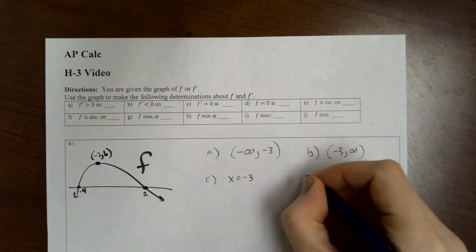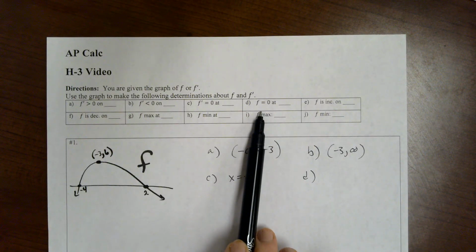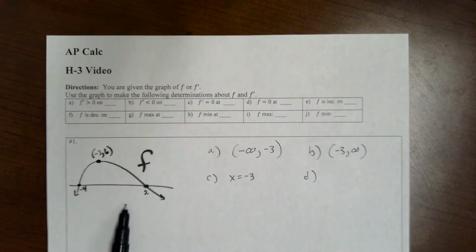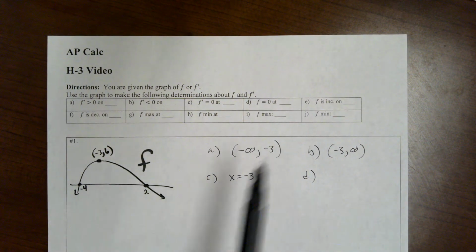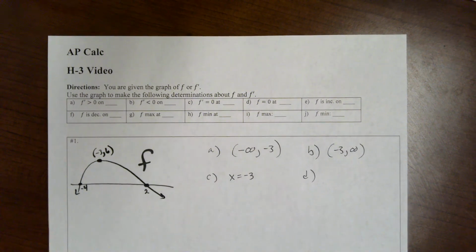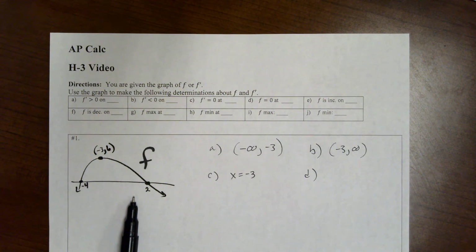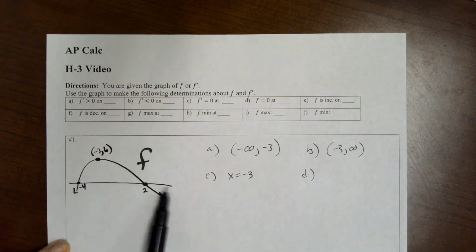All right, C. Now D. Now they're asking us questions about F. This is the graph of F. So they're asking us F equals 0 at. Well, if you're looking at the graph of the thing, that's going to be 0 where it hits the x-axis.